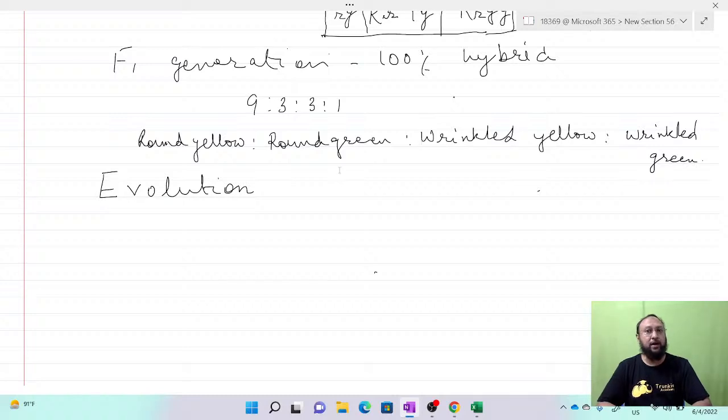I told you in the beginning of this chapter that an acquired character is a character acquired during the lifetime of the individual. It is not inherited from parents. For example, boring the ear pinna, making a small hole for earrings, is not passed from the mother to the child. So that is an acquired character.